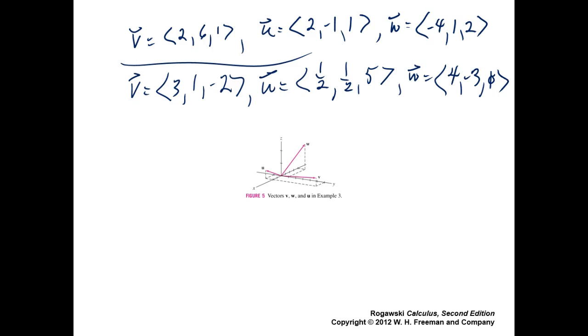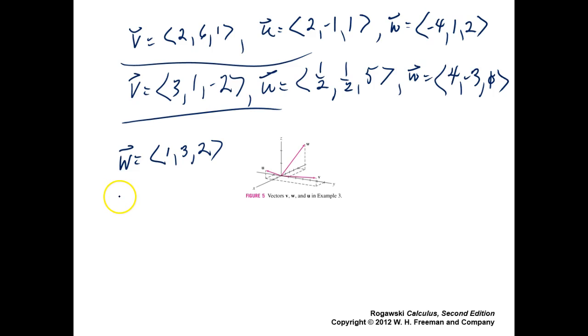Now, number 5. Find a vector orthogonal to W, 1, 3, 2. What do you want to name it?